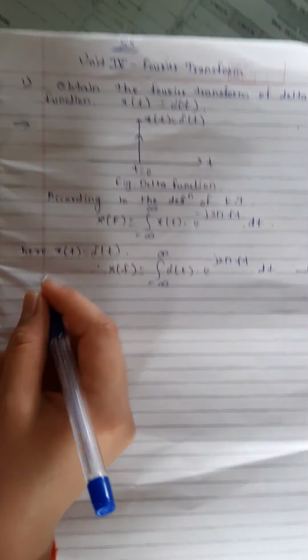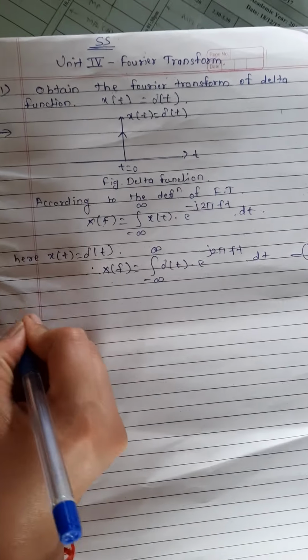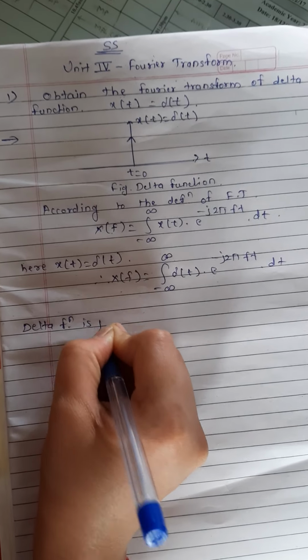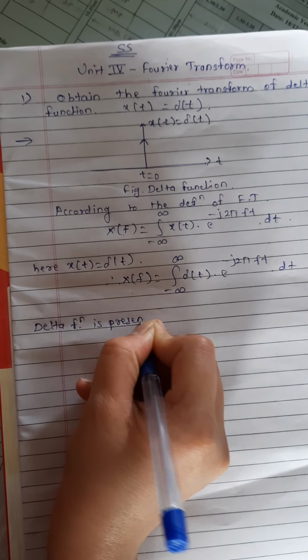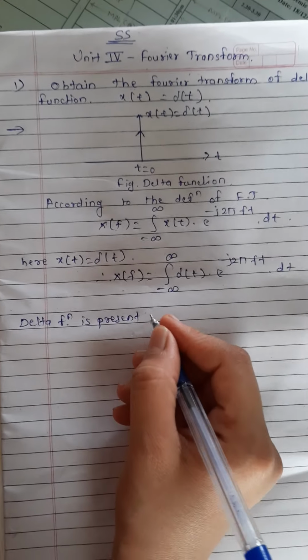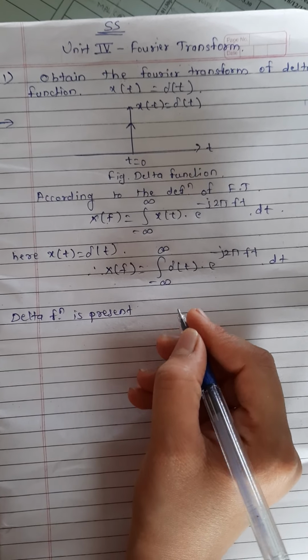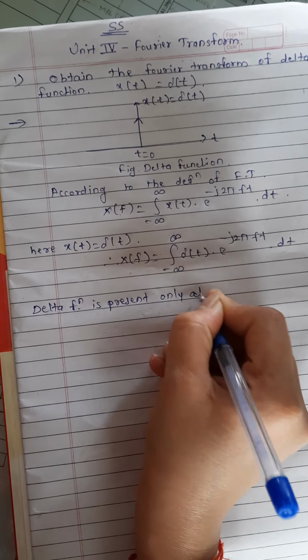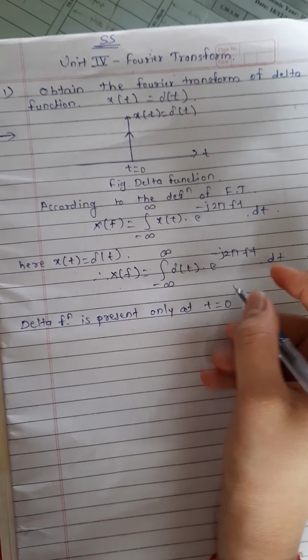We write here, from this figure, the delta function is present only at t is equal to 0.